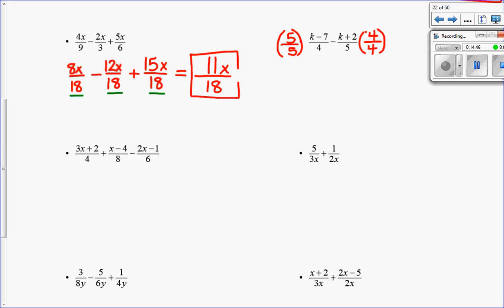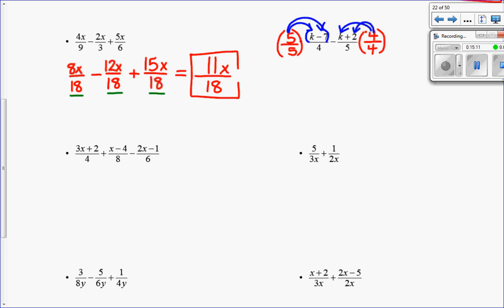Now, what I said a minute ago, though, is when I multiply 5 times k minus 7, I'm multiplying 5 times k and 5 times negative 7, right? Same thing on this side. When I multiply 4, I multiply it by the k, and I multiply it by the 2. Okay? So I have to remember to distribute that 5 and that 4 by both terms in the binomial.